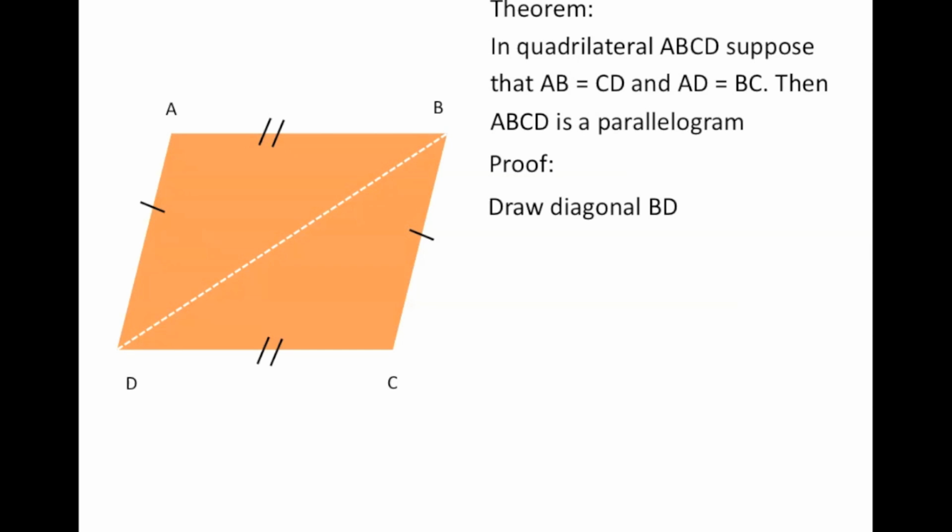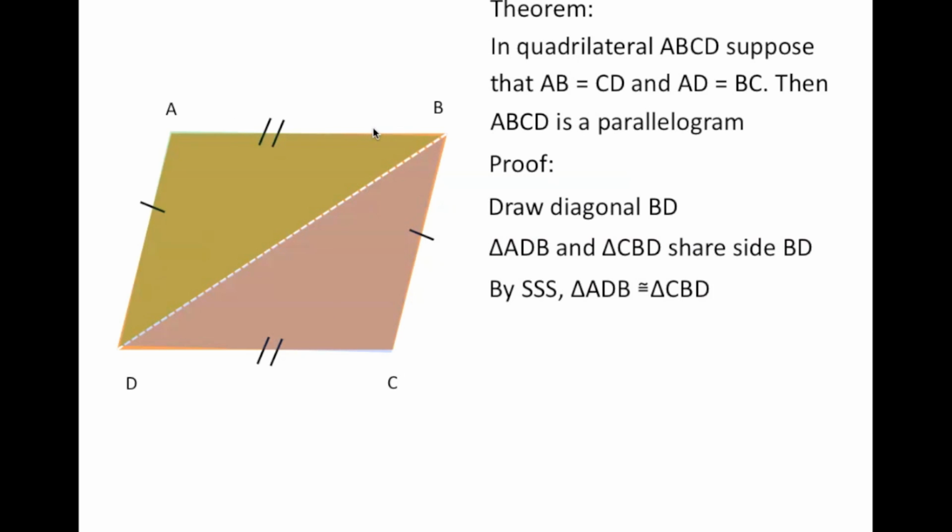And when we do this, again, we see that we created two triangles, and these two triangles not only share this line BD, they also have equal sides with this one, and then this side is equal to this one. So because of that, by SSS, triangle ADB has to be congruent to triangle CBD.